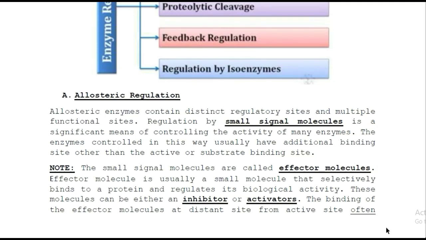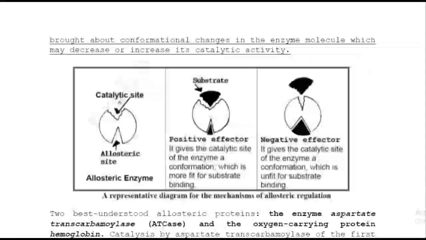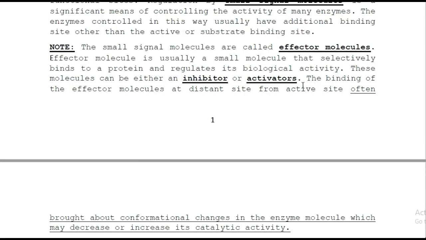Once they bind, they alter the enzyme's conformation, its three-dimensional structure. They alter the active site, and the effector can be either an inhibitor or an activator. When this happens, they affect the reaction. An inhibitor often slows down the reaction, while an activator often propels the reaction forward.